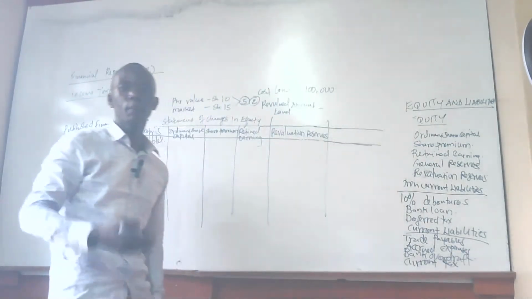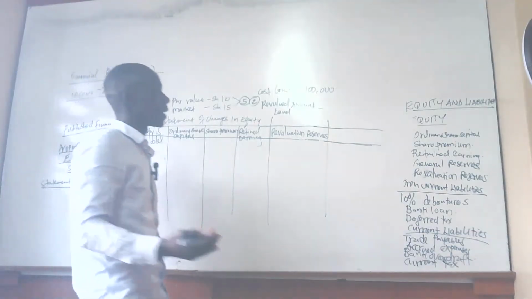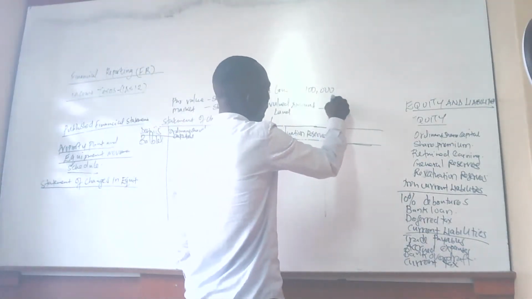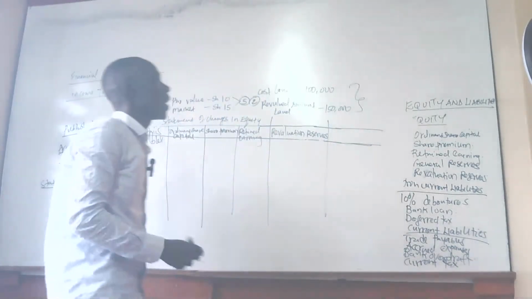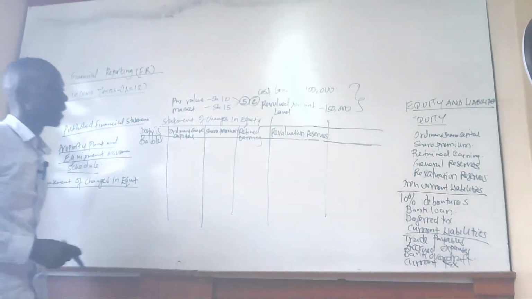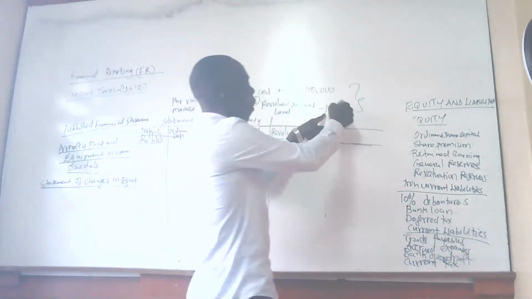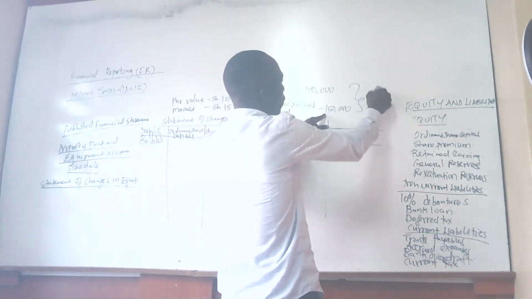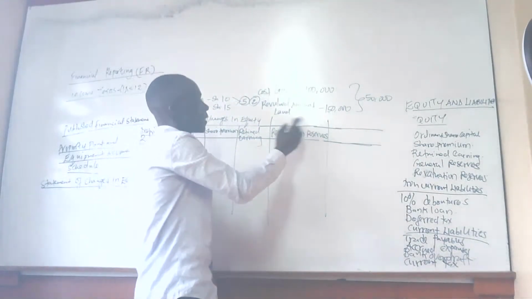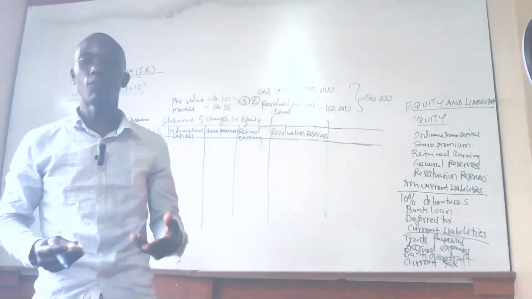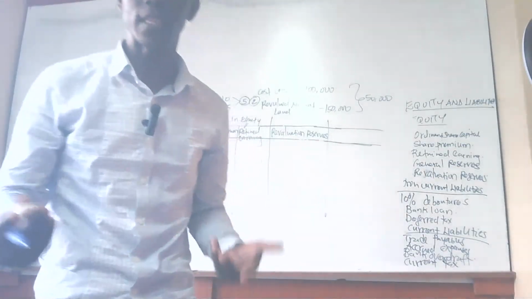In this case, the revalued amount is, for example, 150, meaning we have what we call the revaluation gain. This revaluation gain, the difference between the two, which is 50, is normally taken to the revaluation reserve.